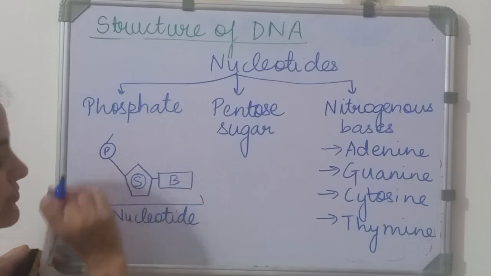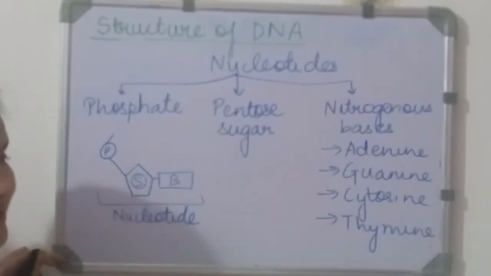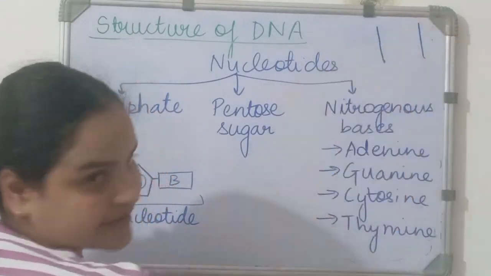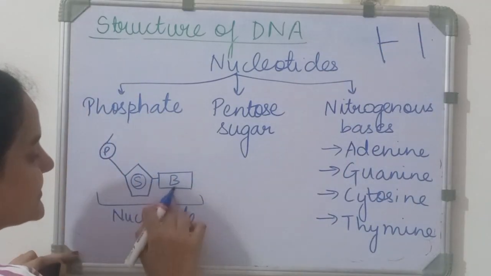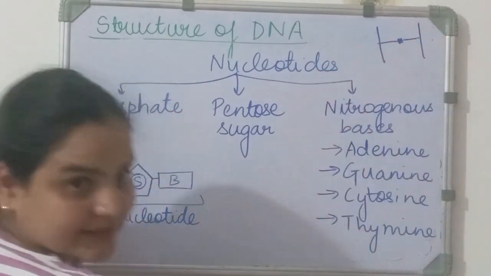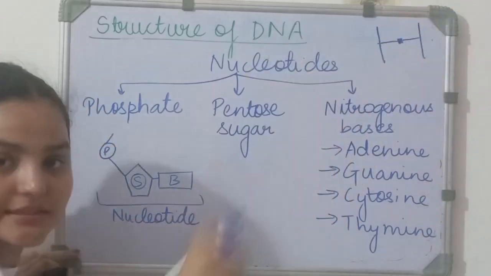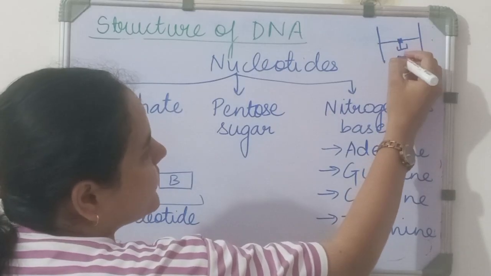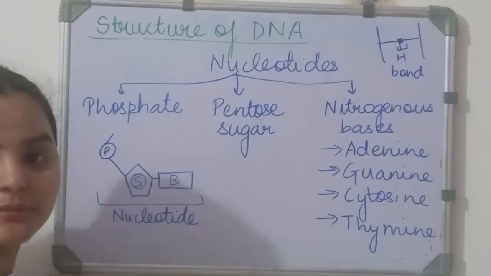Now, this one nucleotide will be attached to another nucleotide. Suppose this is one strand, this is another strand. With the help of this nitrogenous base, it is attached to the other nucleotide, which forms the other strand, and there is a hydrogen bond in between, joining both the bases.